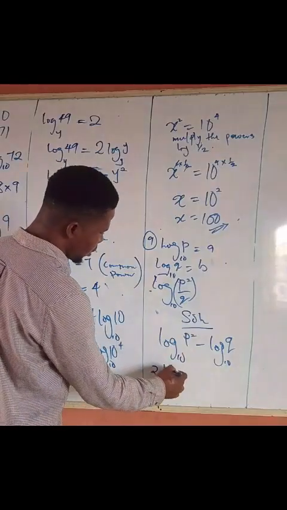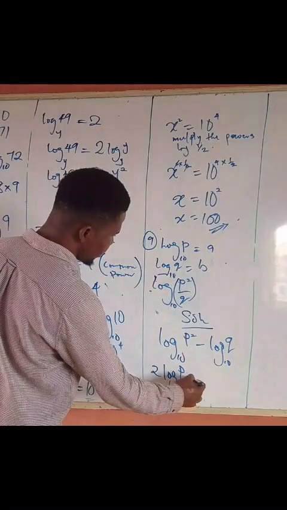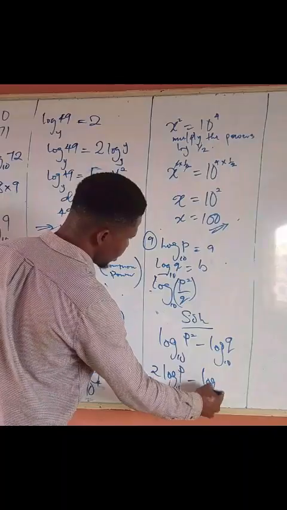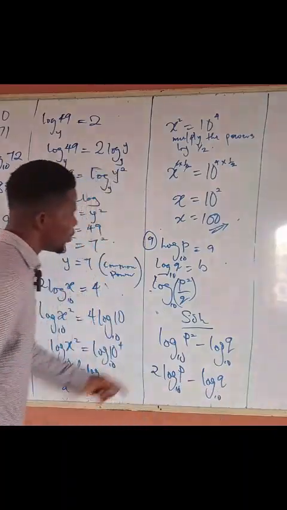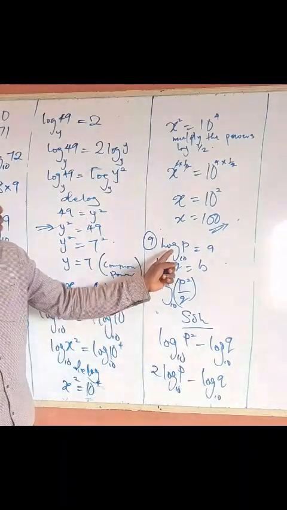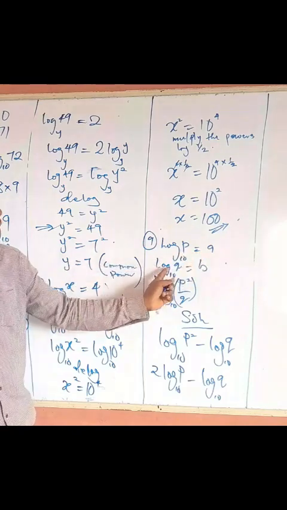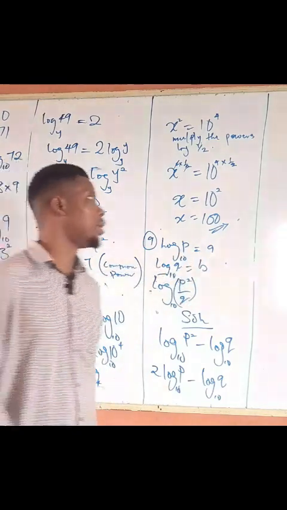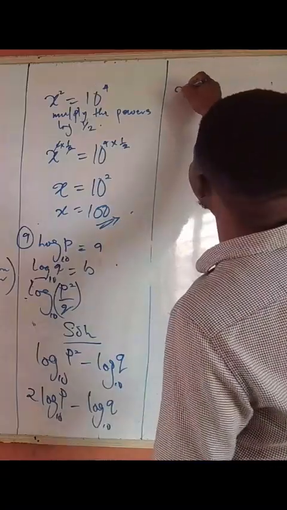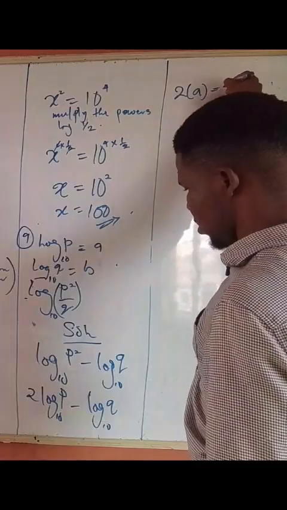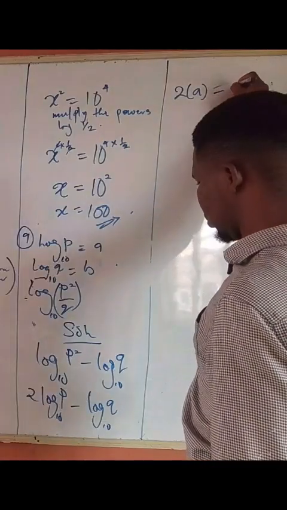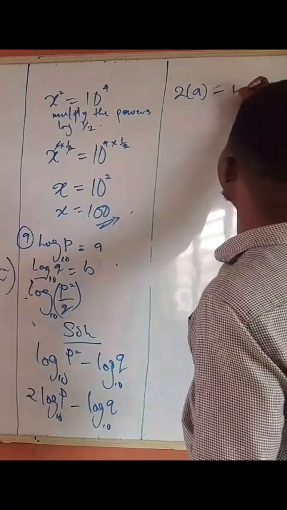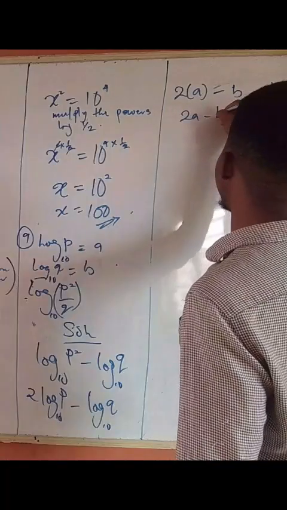That's 2 log p to base 10 minus log q to base 10. Now you represent it by what you have here. Log p to base 10 is a, log q to base 10 is b. So here we have 2 open bracket a minus b close bracket. So that's 2a minus b. That's the answer.